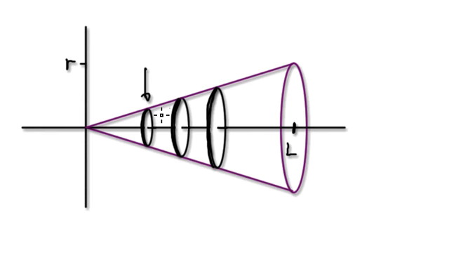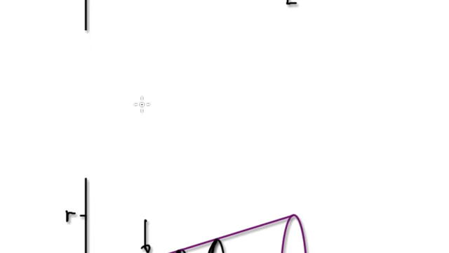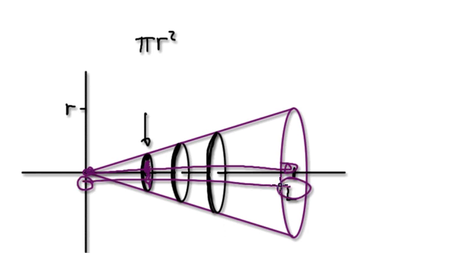From this line, all that you can work out is the radius and the height, and from those you can work out the area of this disc, and then sum up all the discs. So you would drag it all the way through from 0 to capital L.